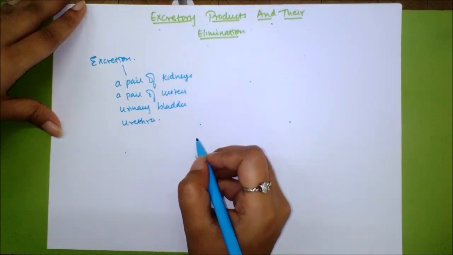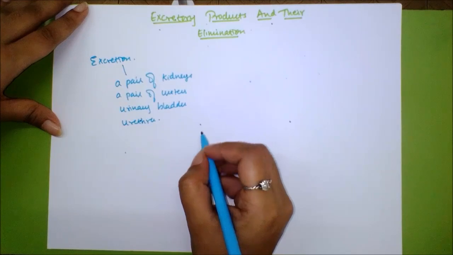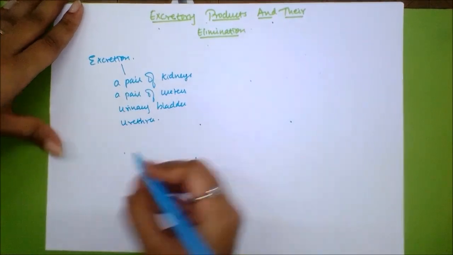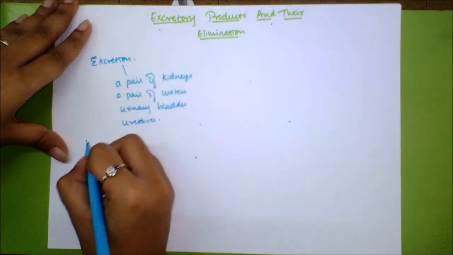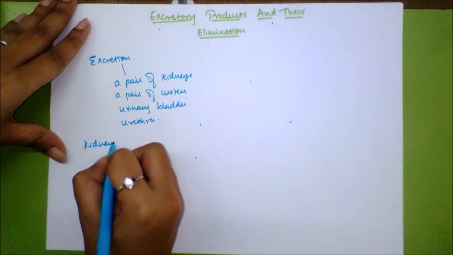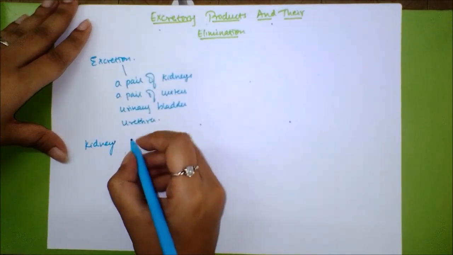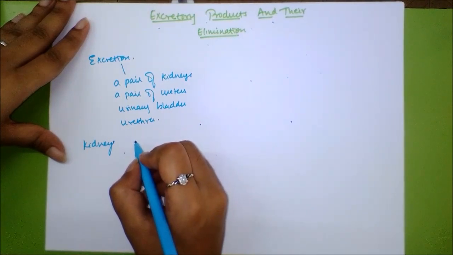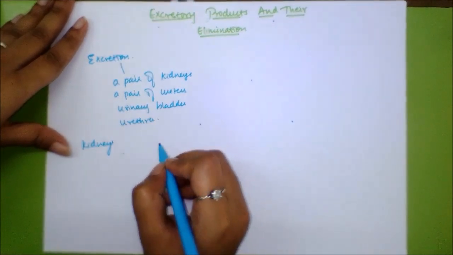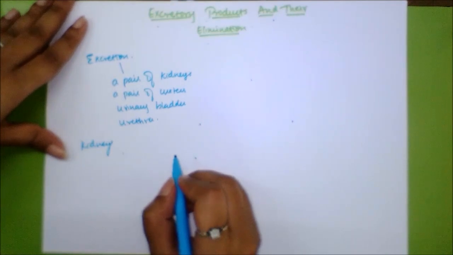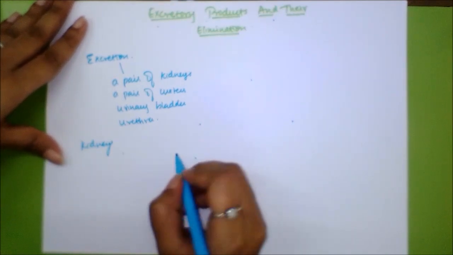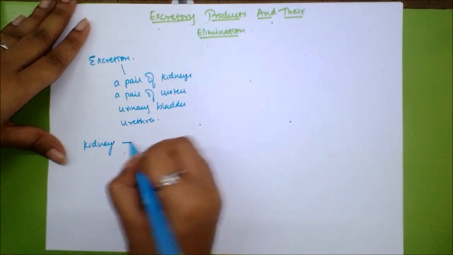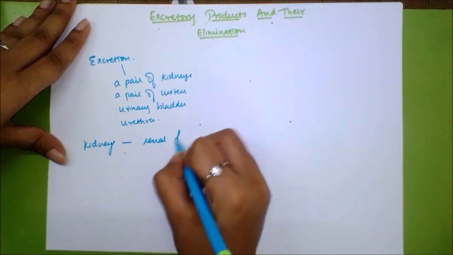The kidney is covered by a layer of fibrous connective tissue, the renal capsule. Outside the capsule is a layer of fat, the adipose capsule, followed by a fibrous membrane, the renal fascia.